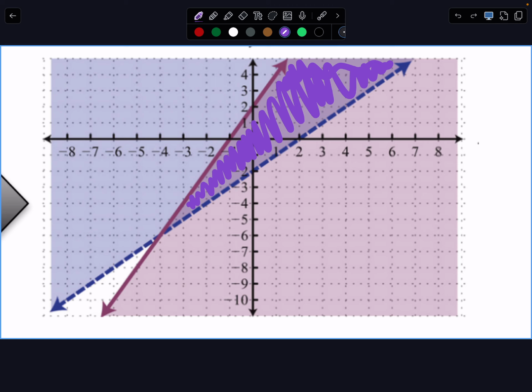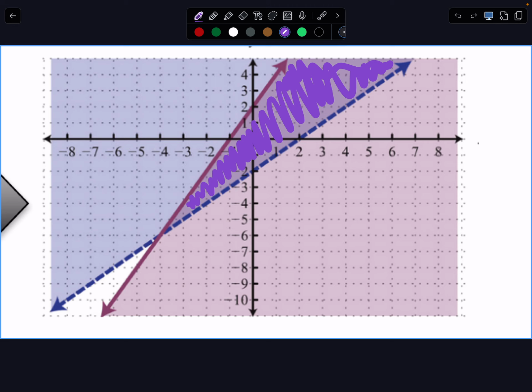Well, we could choose points on the solid line, because each of those points would end up satisfying each of the inequalities. It's just that point of intersection that does not.